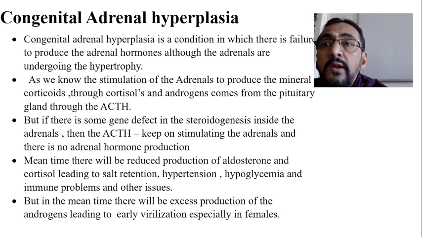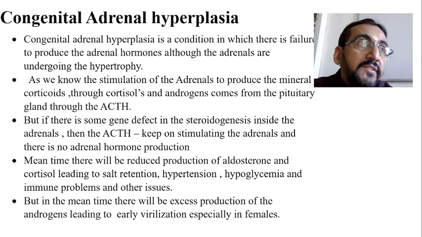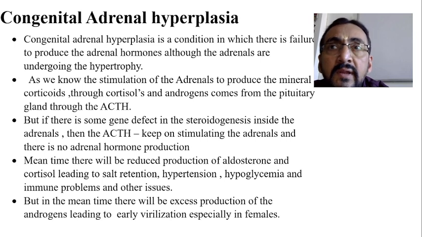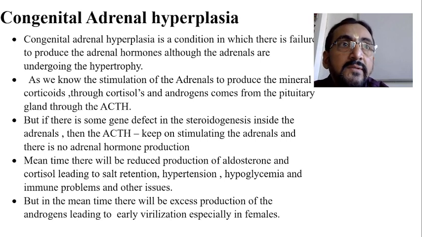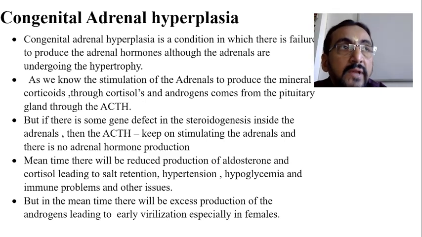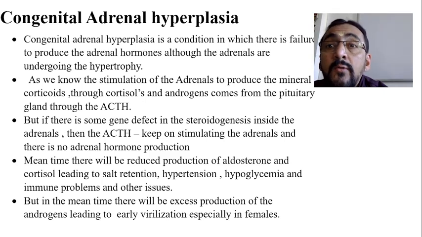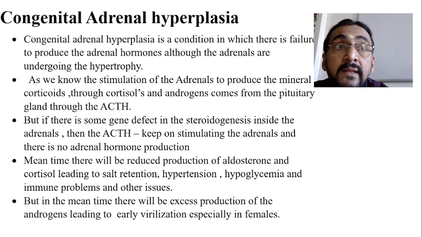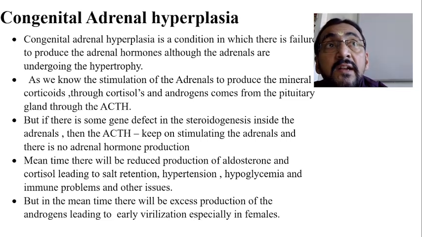Now, what do you mean by congenital adrenal hyperplasia? The word hyperplasia always suggests increased mass or increased number of cells. Now, little contrary to that, congenital adrenal hyperplasia is a condition in which there is failure to produce the adrenal hormones.